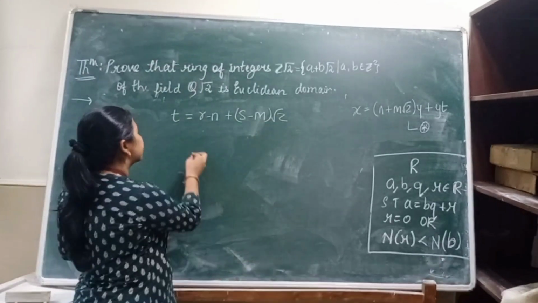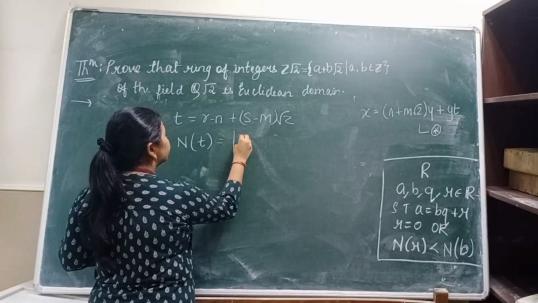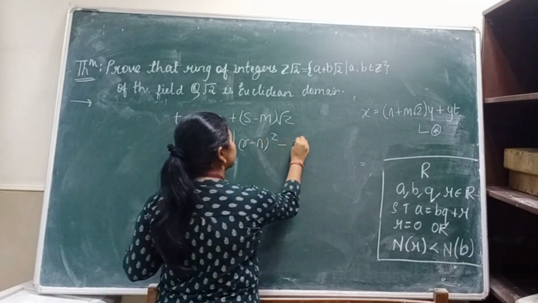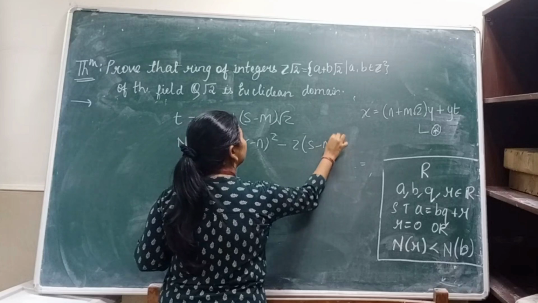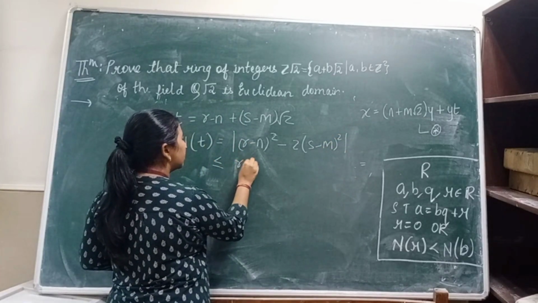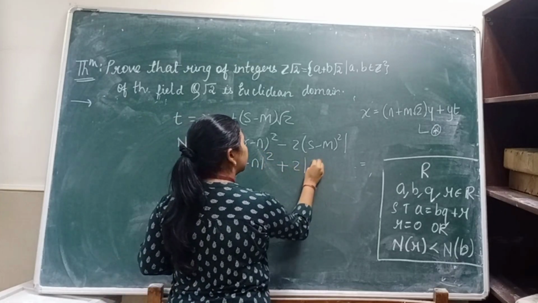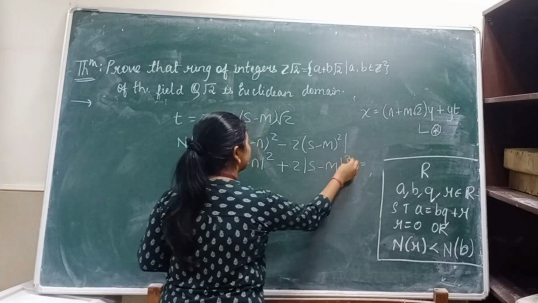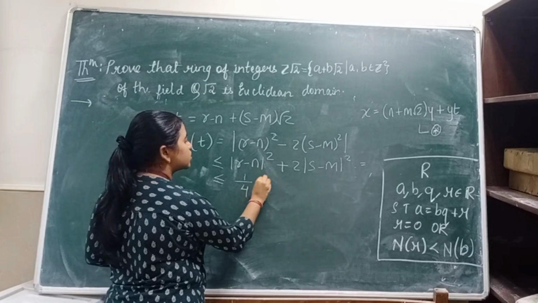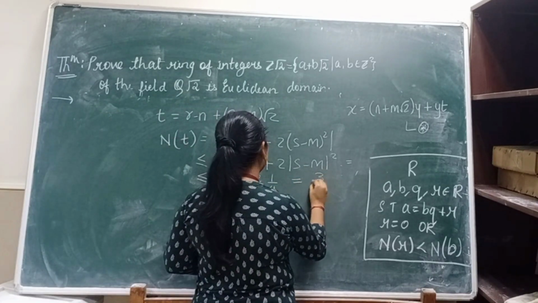So from here we can say the norm of t will be the modulus of (r − n)² − 2(s − m)², which will be less than or equal to (r − n)² + 2(s − m)². So this we can write is less than or equal to 1/4 plus 2 times 1/4, which will be equal to 3/4.